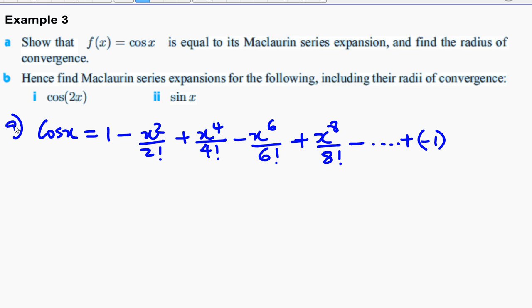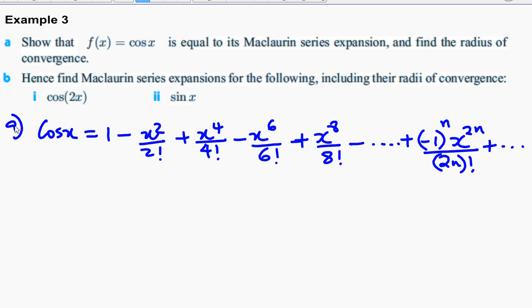Let's look at powers of -1. That will just be to the power n, because this is n to the power 0, n to the power 1, n to the power 2, and then x to the power 2n over 2n factorial. So we've already looked at this. Okay, good. So let's carry on.